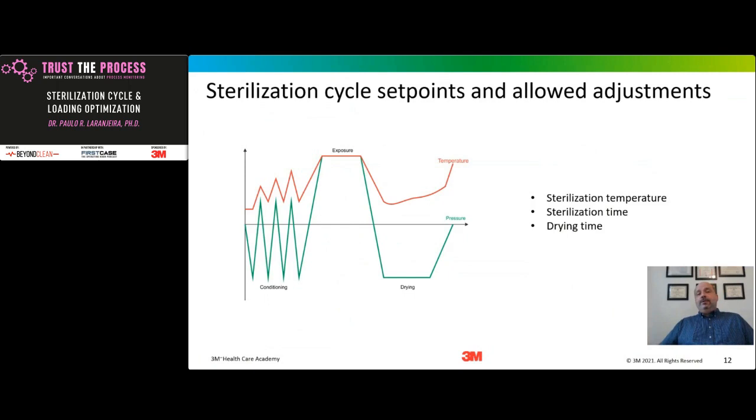And then the worst part is the drying phase, because when we see wet packs, we tend to increase the drying time to solve the problem. So let's divide the phases and see how we can optimize what we have today to maintain the cycle around those 50 minutes, which is what I call peak performance of the sterilization cycle. It can vary by manufacturer, but I'm just using an example for the purpose of this presentation.